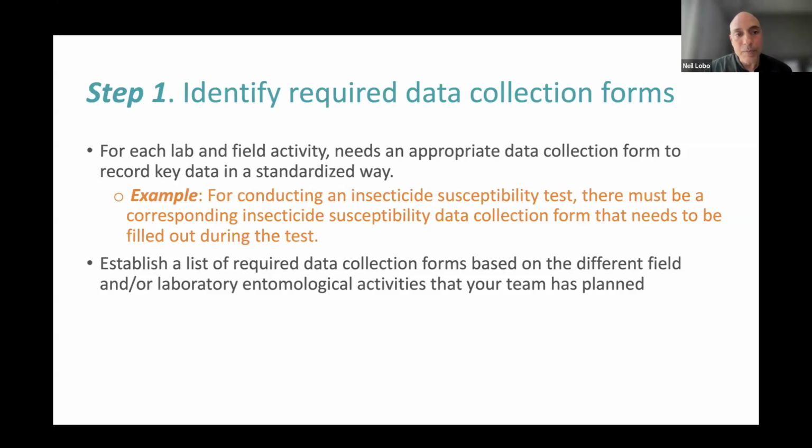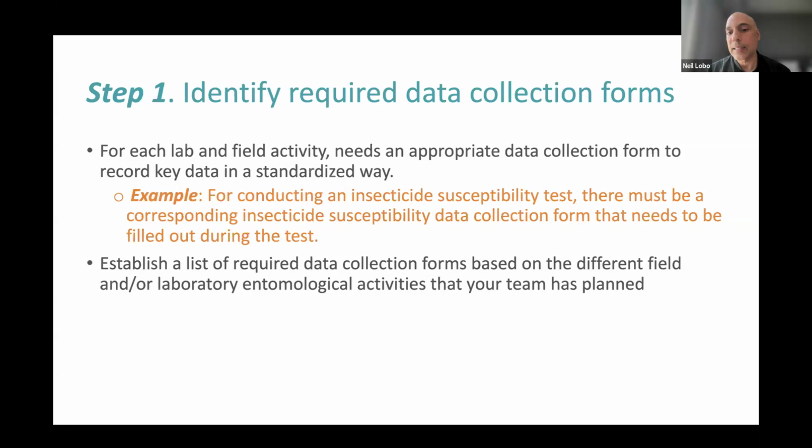So the first step of the 3 steps is to identify what data collection forms you need. For each activity, you need an appropriate data collection form that will record your key data in a standardized way. For example, if you're doing insecticide resistance tests, you must have all your corresponding insecticide susceptibility data collection forms, and all these need to be filled out during the test.